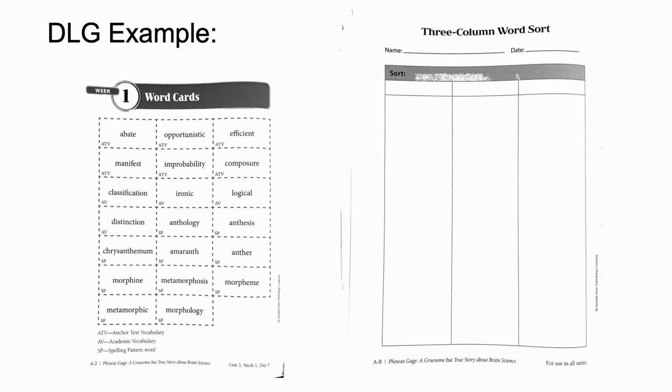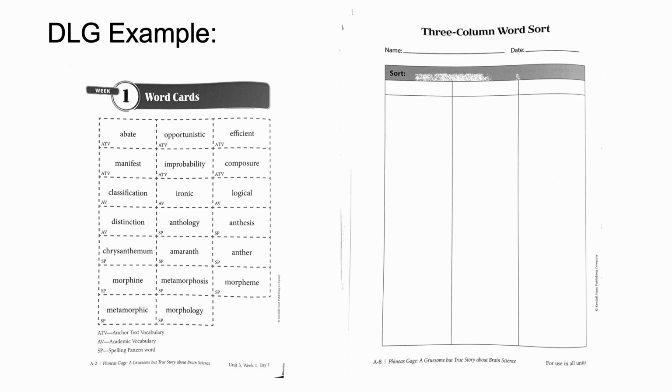Here's the other DLG example. On the left there is a list that would be provided in the appendix at the end. They would cut them all up. Actually, I don't know if these words necessarily correlate to the previous lesson. I'm just showing you the layout of how the words may be provided in the appendix for you.